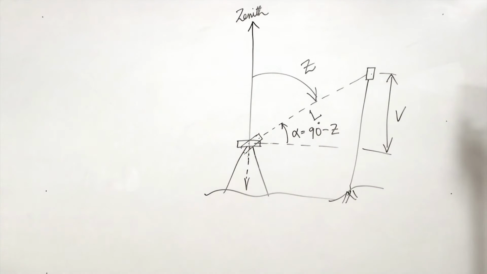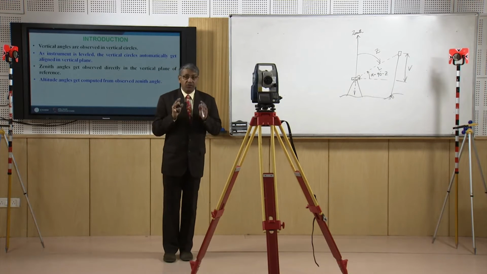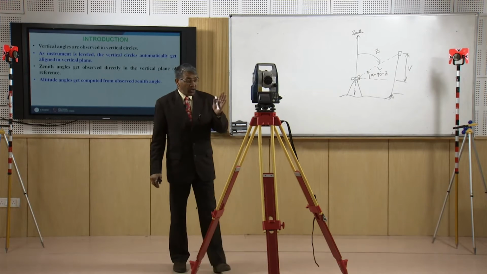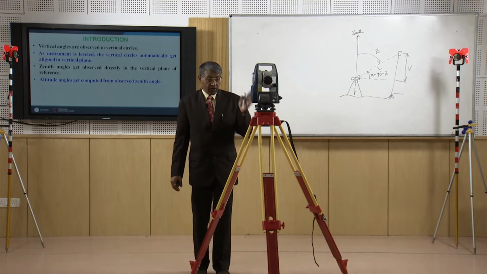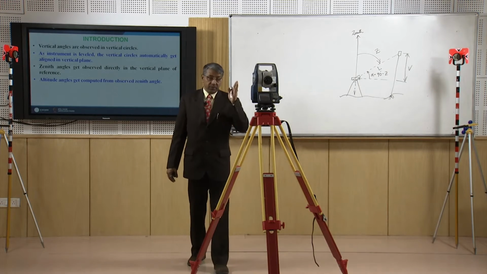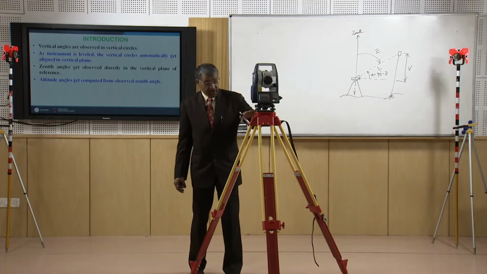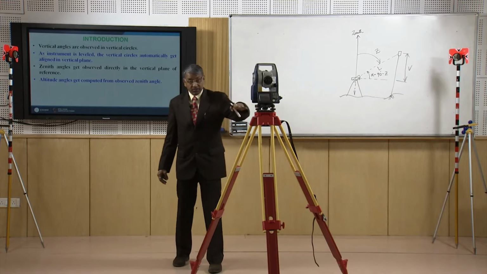As I told you in earlier classes, before taking any observation using a total station we need to go for temporary adjustment of the instrument, meaning the instrument should be exactly centered over the station as well as perfectly horizontal.